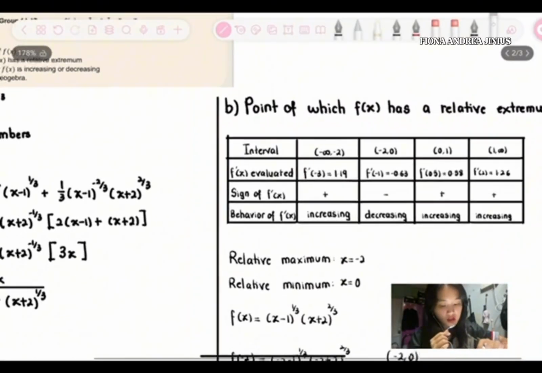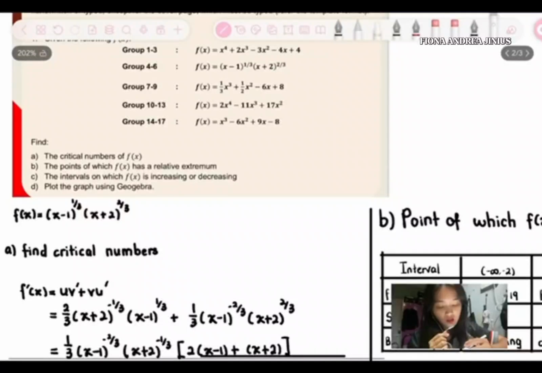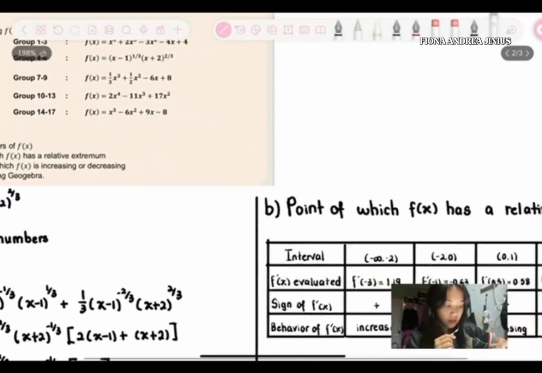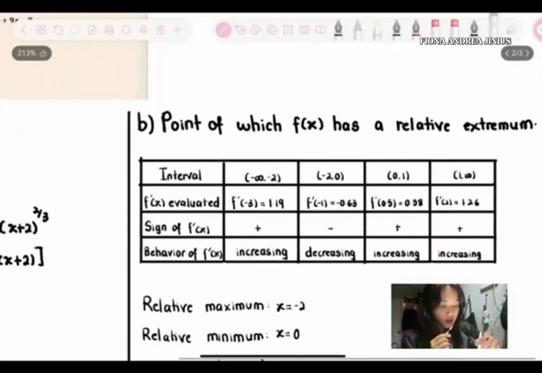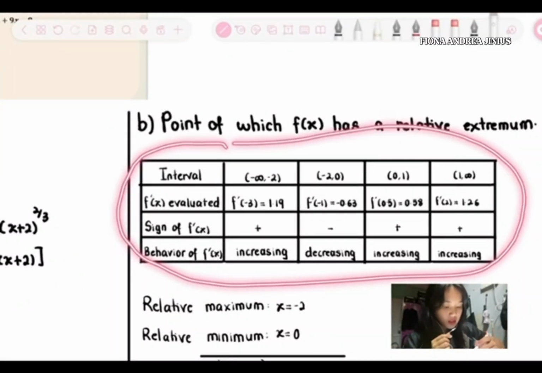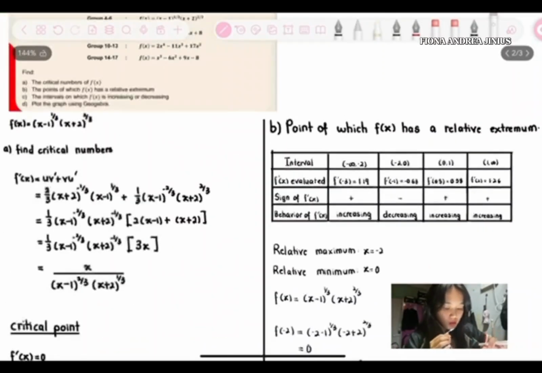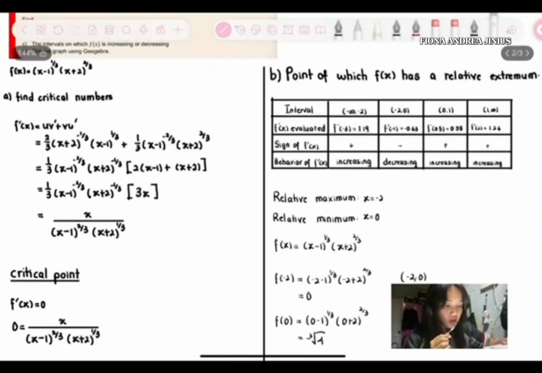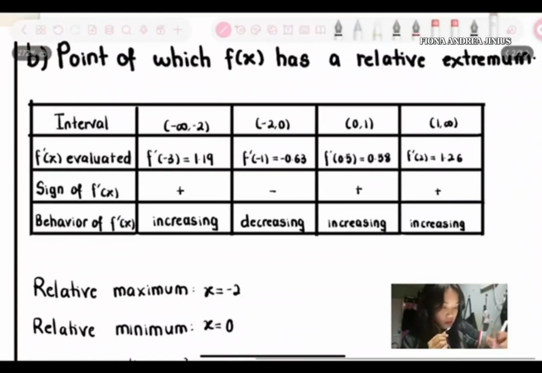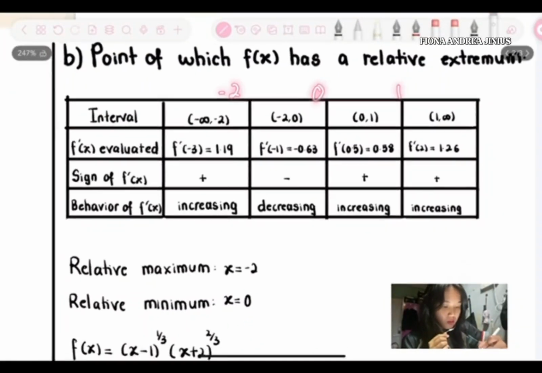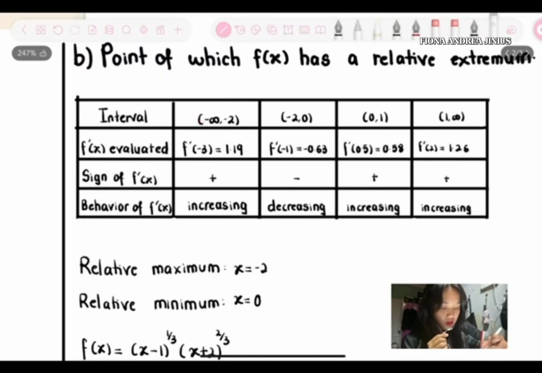And for the B question, the question asks us to find points of f(x) that have a relative maximum. So first we can make a table, which has the interval, f prime x evaluated, sign of f prime x, and behavior of f(x). Since we already got our critical numbers, which are -2, 0, and 1, for the interval from negative infinity to -2, you can choose any number in between.